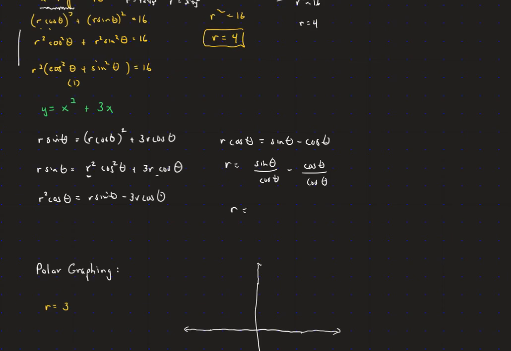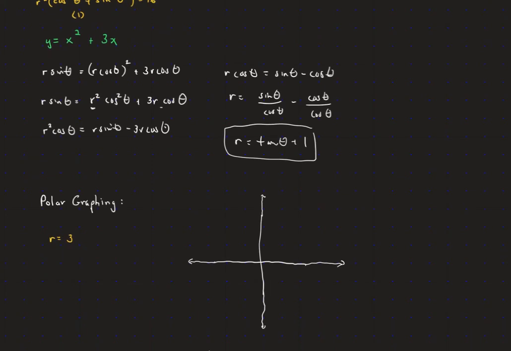And so r will be sine theta over cosine theta, which is tangent theta, and then a plus 1. And there's our r as a function of theta. Okay?